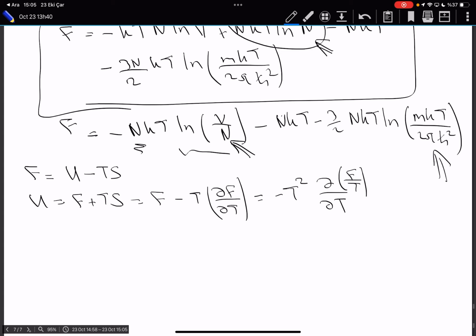If I divide by T, those terms become independent of T. So the energy of the system becomes minus T squared times minus 3 over 2 nk times the derivative of logarithm of T, which is 1 over T. Now there's no T, because I divide by T. So this overall factor T doesn't appear, it's cancelled, so 1 over T, this is 3 over 2 nkT.